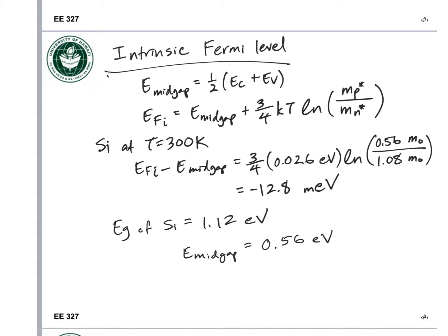It's at around 0.548 electron volts, but it's pretty close. So the mid gap energy is a pretty good approximation, which is why if you have a band diagram, you're just sketching the band diagram and you draw the intrinsic Fermi level about in the middle of the conduction band and valence band energies. That's a pretty good approximation. But it's not exactly the same. Okay.